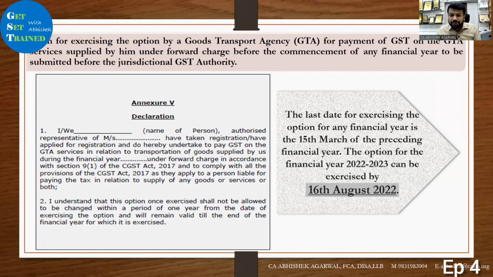For the financial year 22-23, friends, please be mindful, 16 August is the last date.